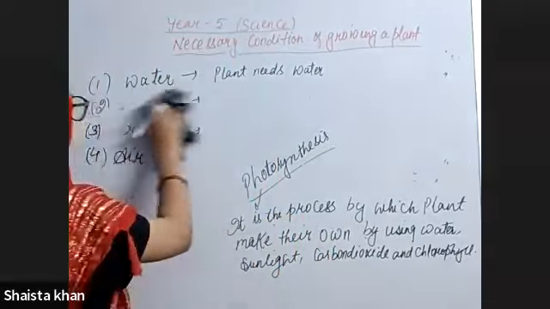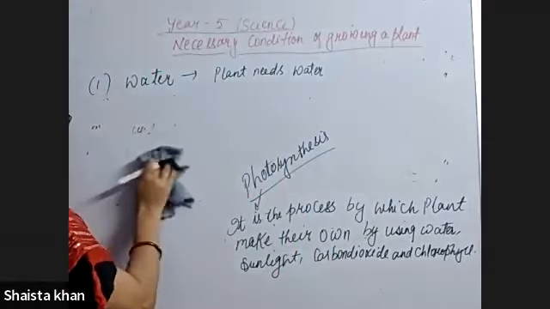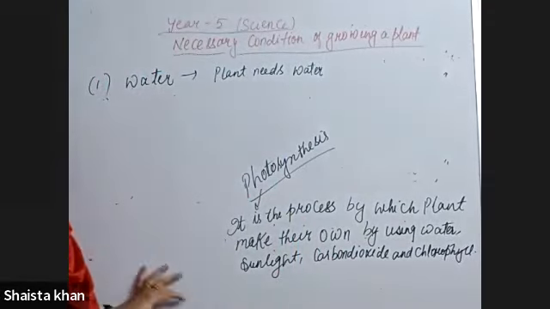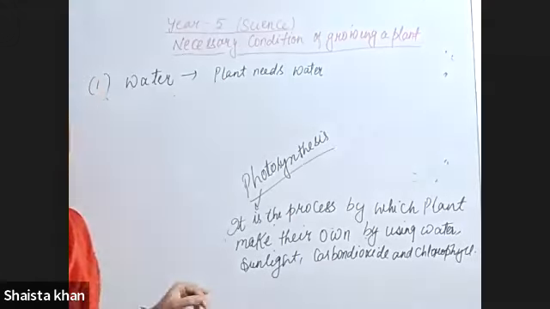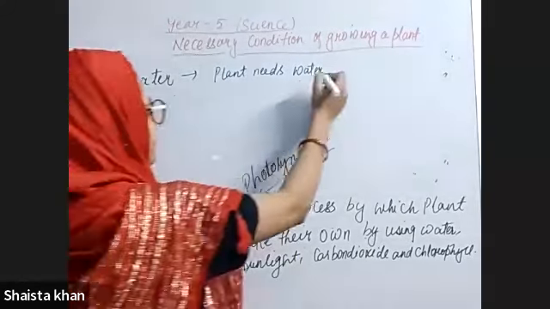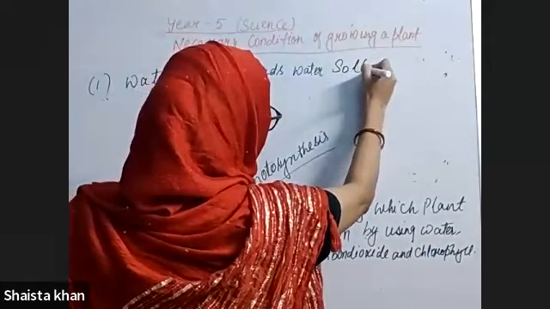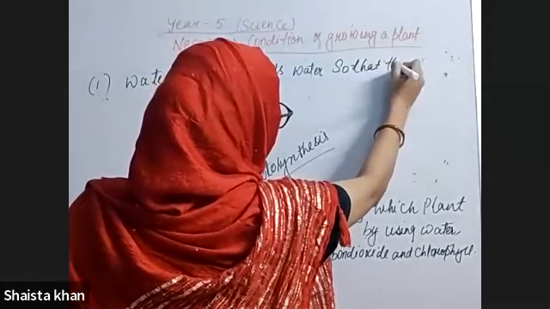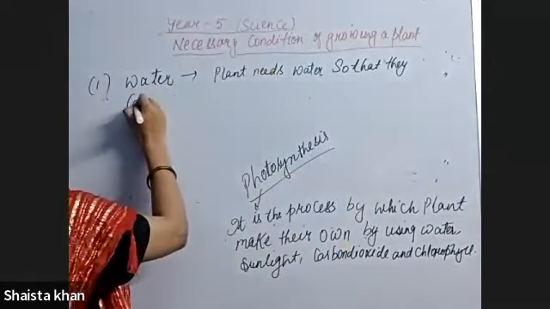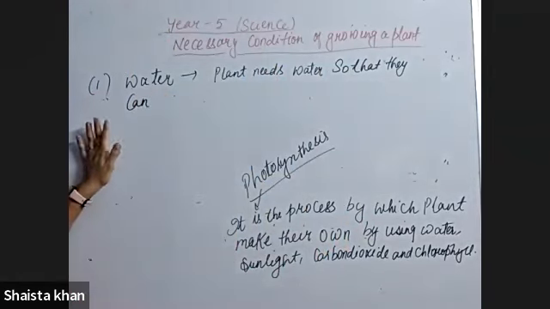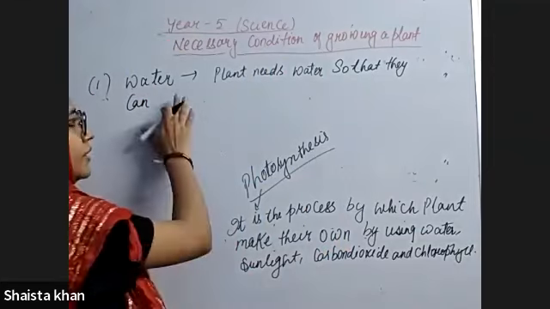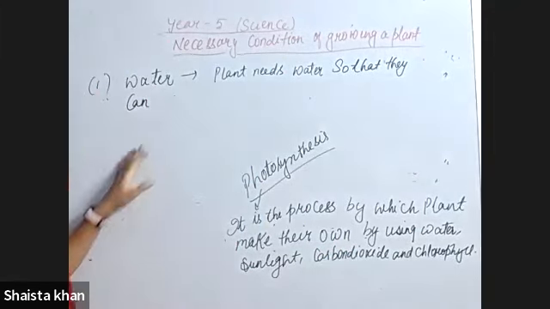So this is photosynthesis. Plant needs water so that they can make their food. They can have a strong stem and firm leaves and be able to make food.